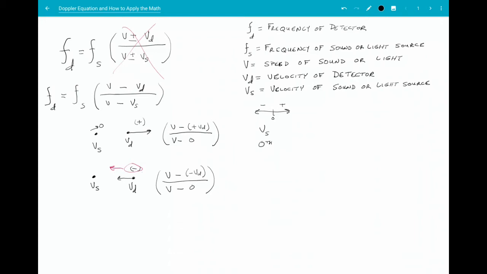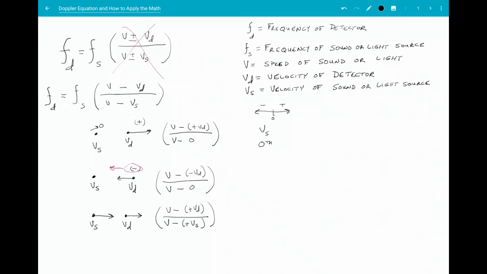Here's another one for you. Let's say v sub s is moving to the right and v sub d is moving to the right. Well, this is going to be v plus v sub d over v plus v sub s.